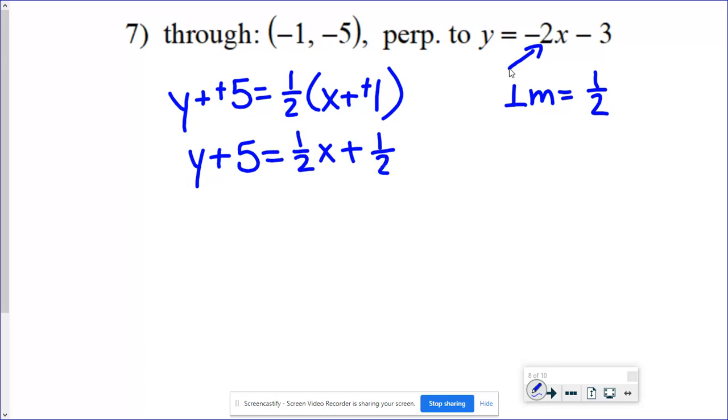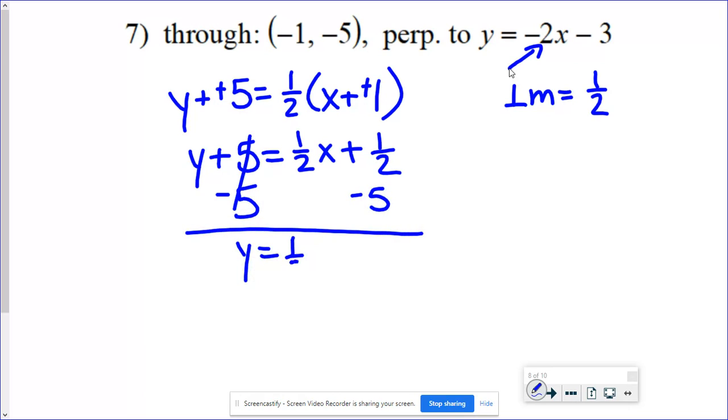Sorry about the bell. That's after my distribution. And then when I subtract, oh my goodness, subtract the 5, positive 1/2 minus 5 is going to be a negative 4.5, or negative 4.5 would be fine as well.